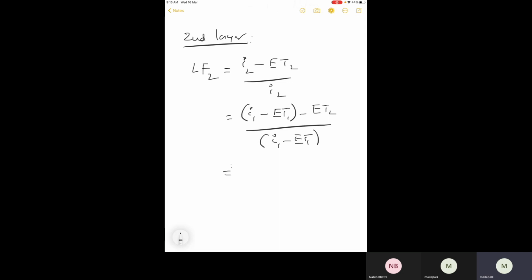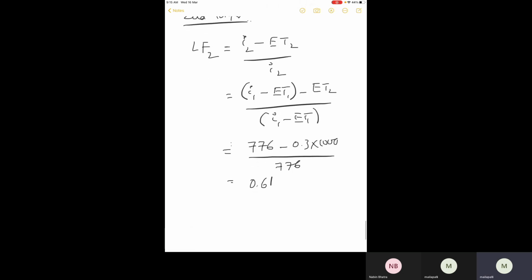So now I1 minus ET1 we have already done before, in layer 1, it is 776, minus ET2, which will be 30%, like 0.3 multiplied by 1000, divided by 776, and this will be 0.61. This is LF2.